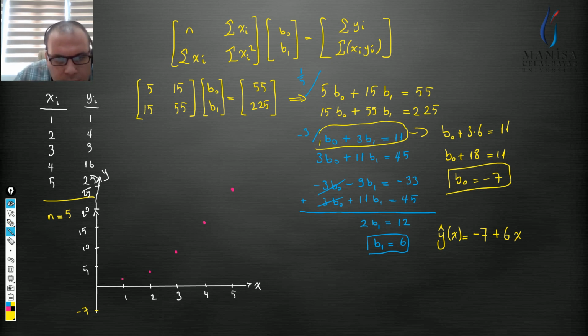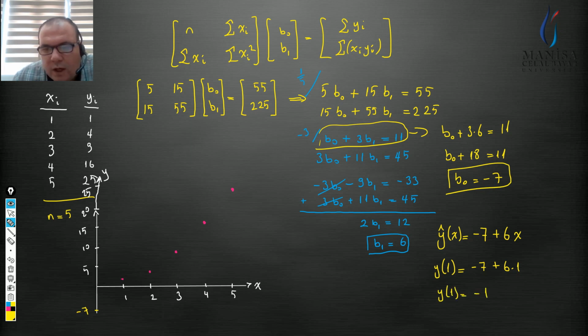I think we can check the value. For example, we can find y at x equals 1, just to have 2 points to make it easier to draw our line. y equals minus 7 plus 6 times 1, so it equals minus 1.